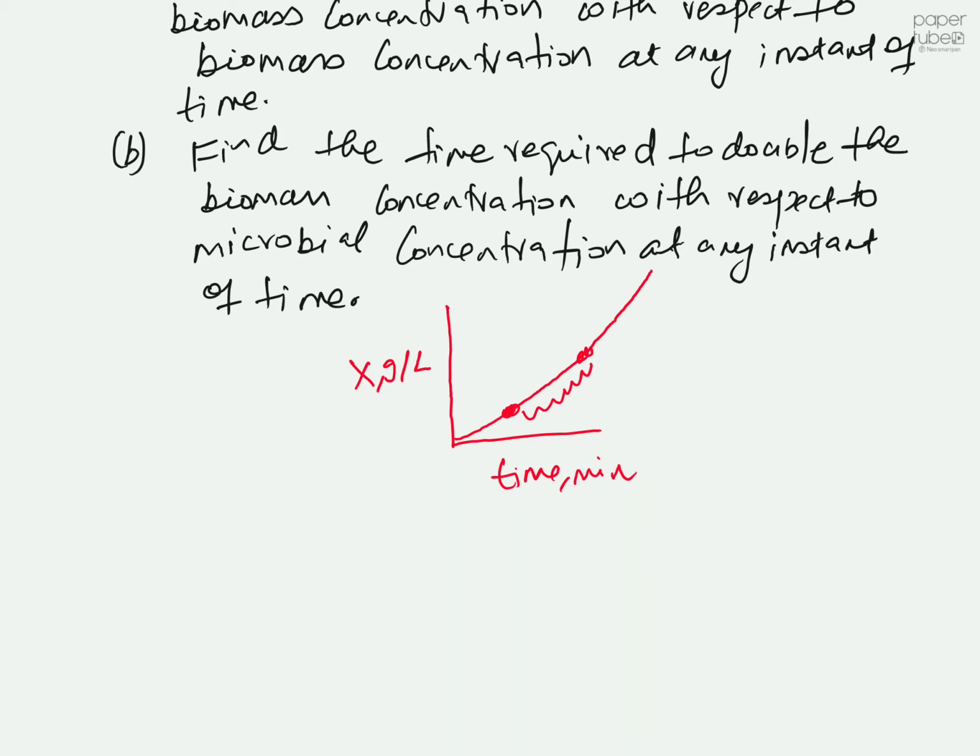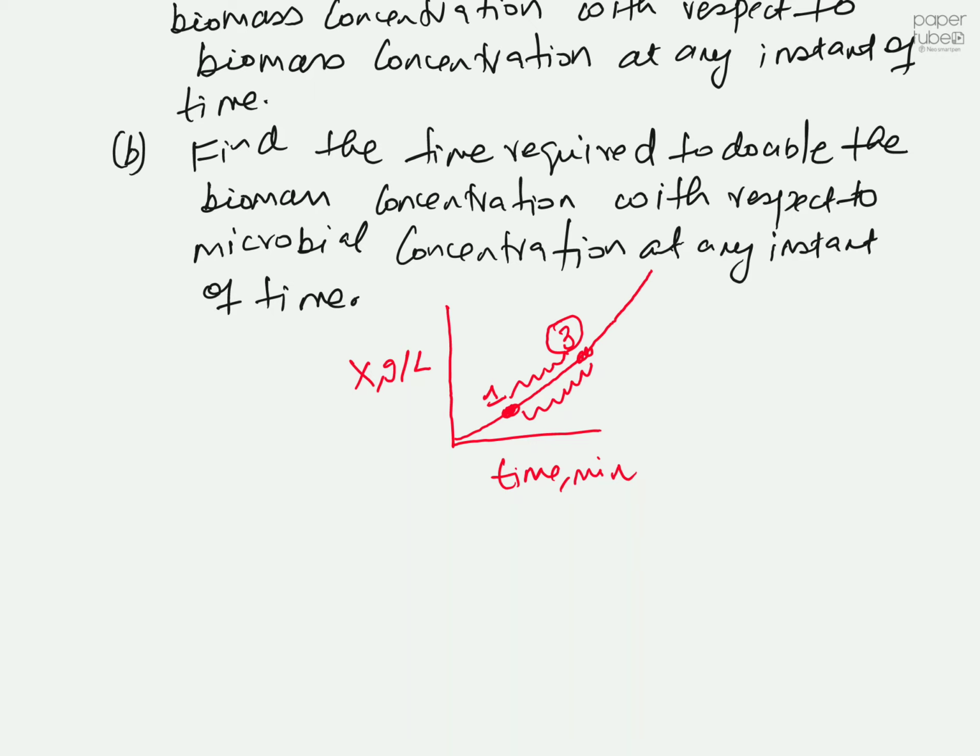If you have one cell here and somewhere around here you have 3 cells, what's the time in between? That's something we are going to calculate, and how to calculate it is what you will learn through this exercise.